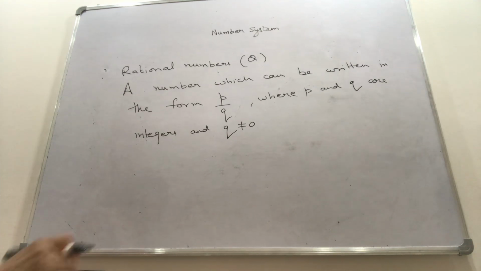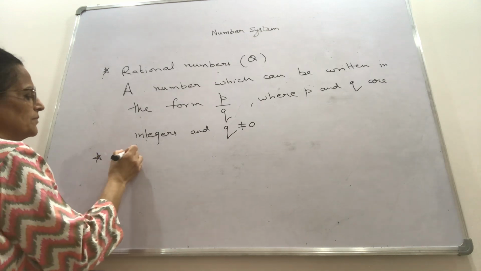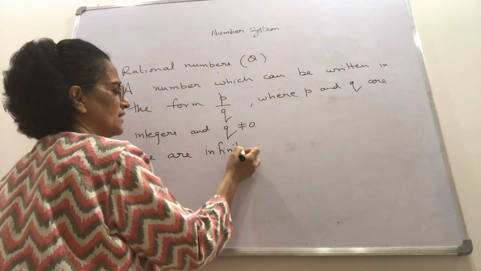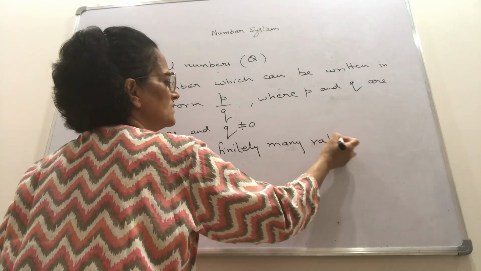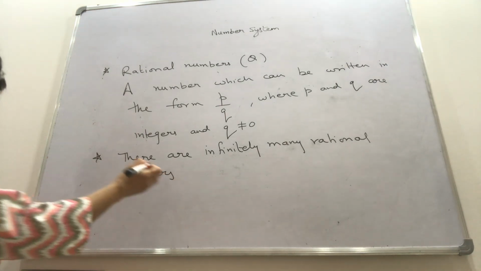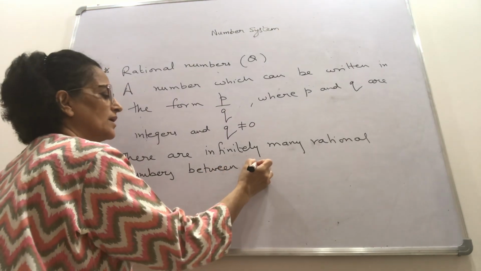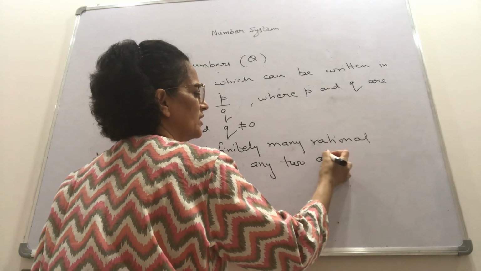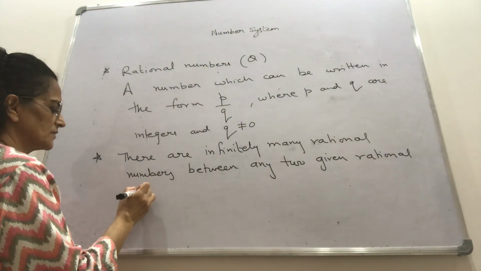And then we talk about how there are infinitely many rational numbers between any two given rational numbers.